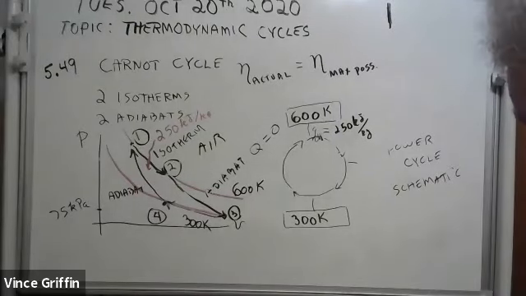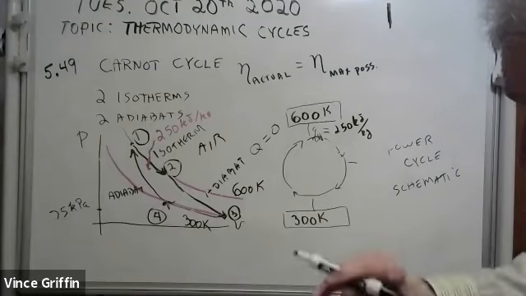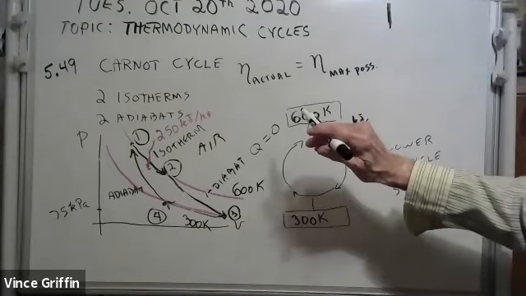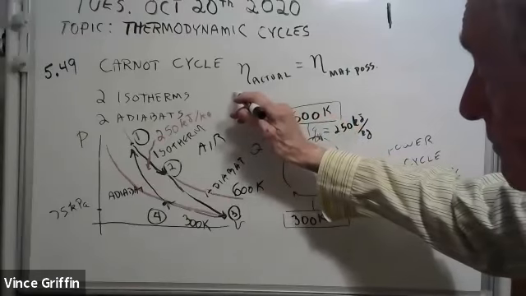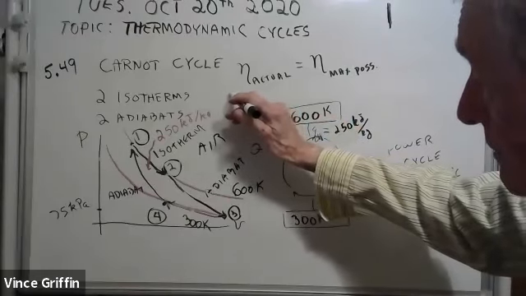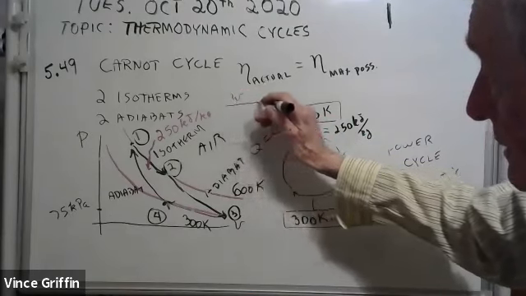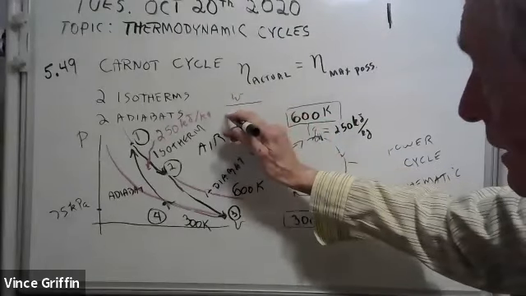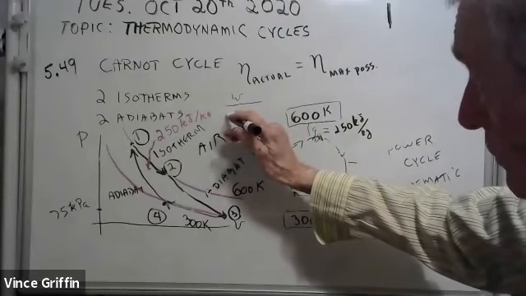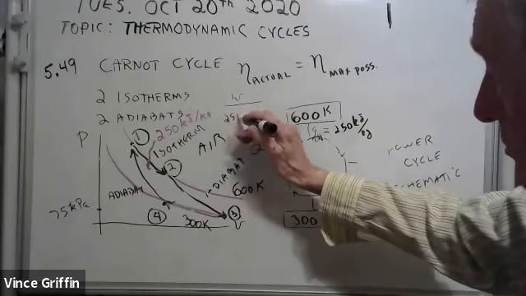The actual efficiency is going to be the little w divided by the QH minus the QL. Well, the thing is, we know what the QH is.